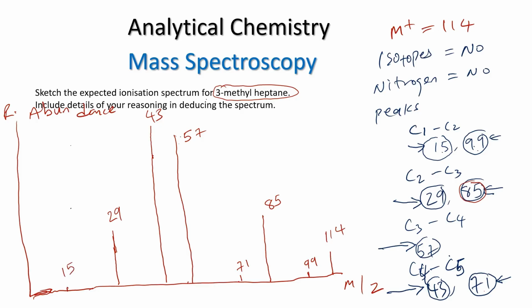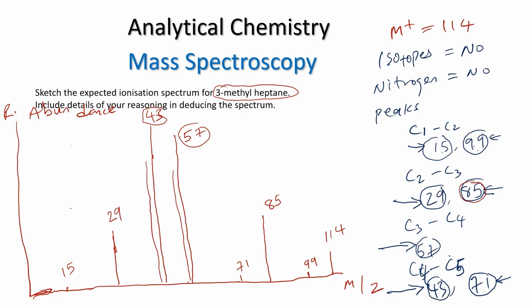Now this is a sketch of our spectrum. Remember, you could have other peaks as a result of loss of hydrogen. For example, if you have loss of hydrogen from this butyl carbocation, we could have another peak at 56. You could also have loss of hydrogen from the propyl carbocation, giving another peak at 42.